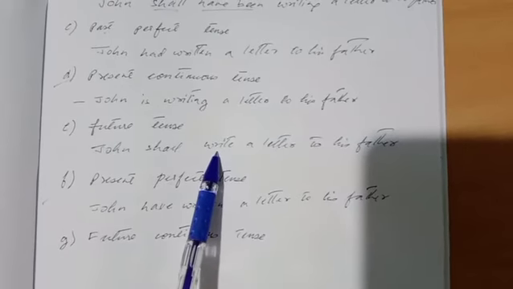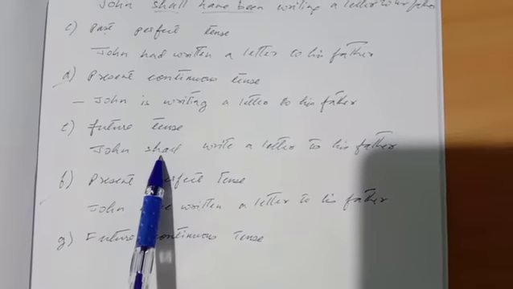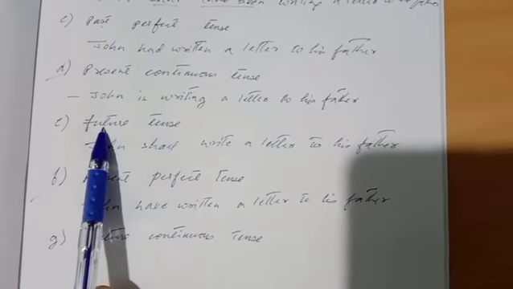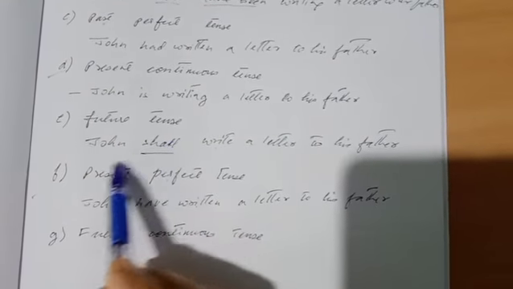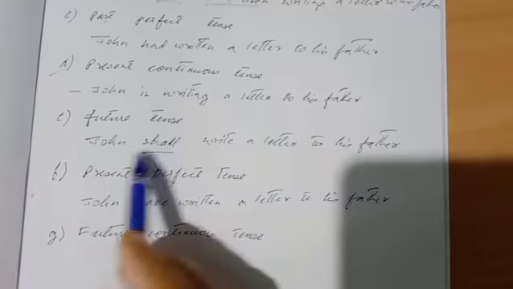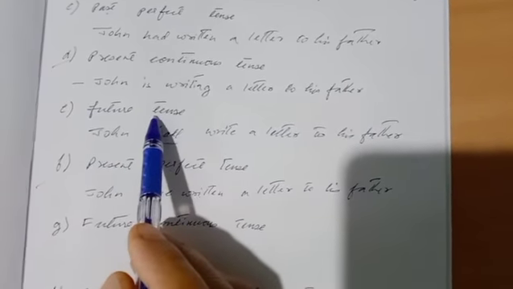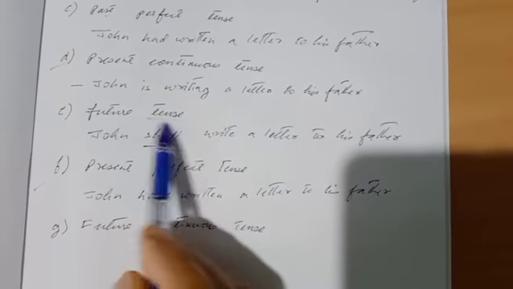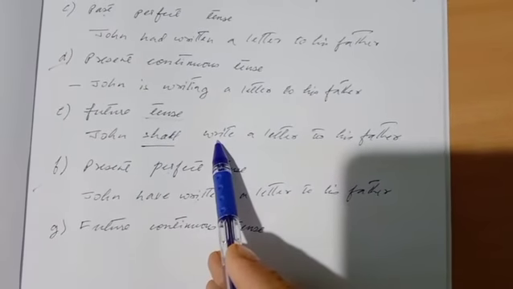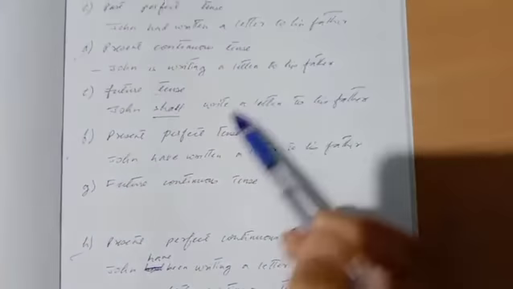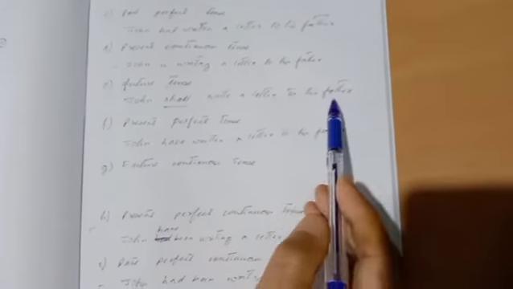This verb doesn't change, but we add shall here since it is only future tense. This shall makes the sentence into a future tense. Nothing else is added, only the tense, so the word write stays as it is. It is not changing. John shall write a letter to his father.